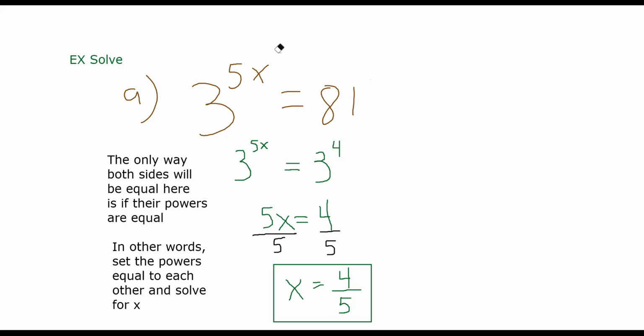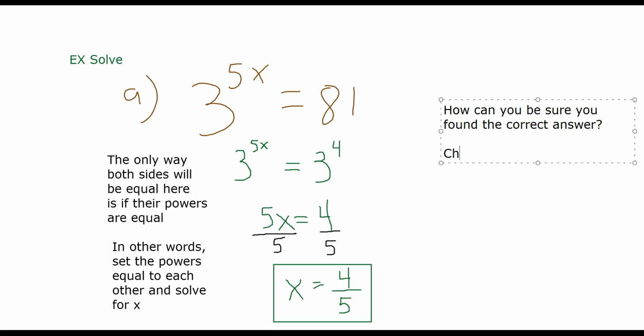One thing I'll say, how can you be sure you found the correct answer? Check it. In other words, plug the x value you found back into the original function here. So we started with 3 to the 5x.